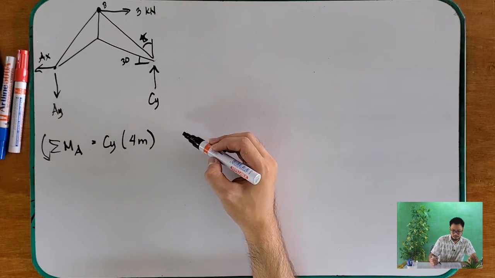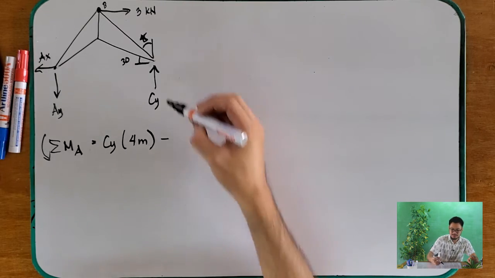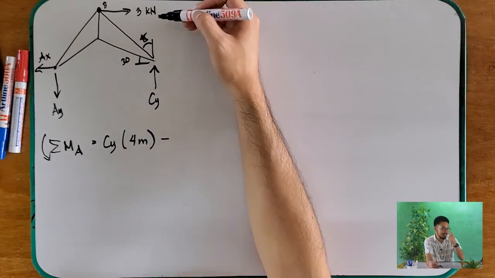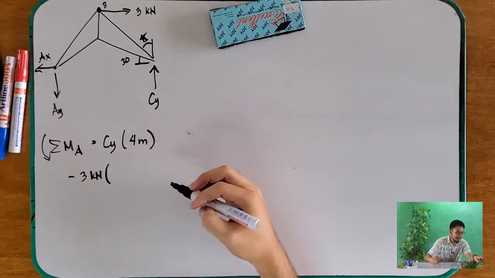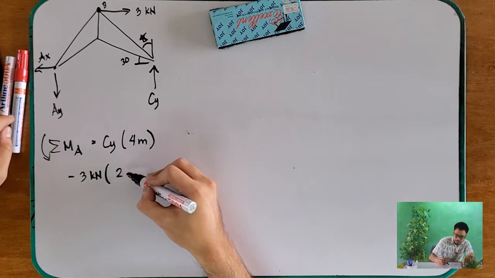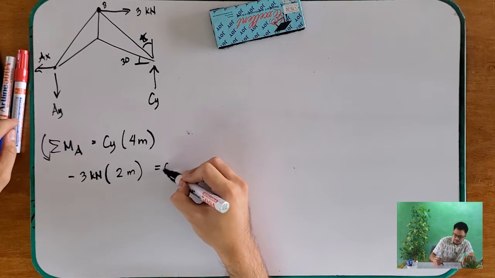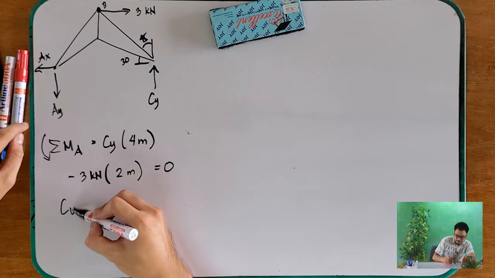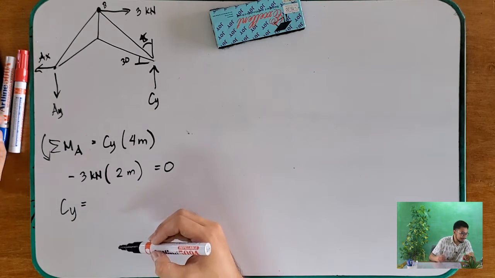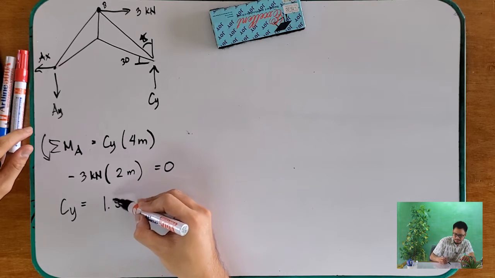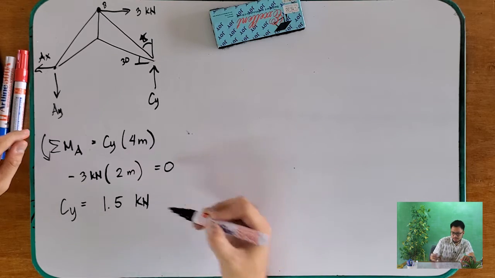Sunod, minus kay pa-clockwise man ni siya, 3 kilonewtons times 2 meters equals to 0. So therefore, you can get the value of your CY as 1.5 kilonewtons.